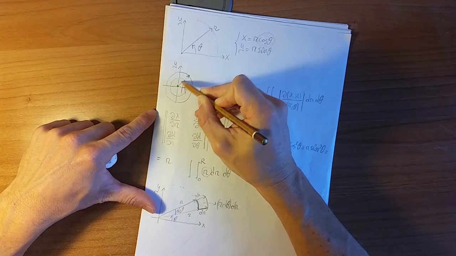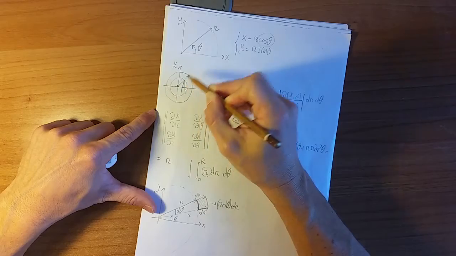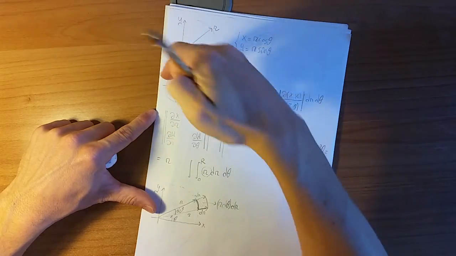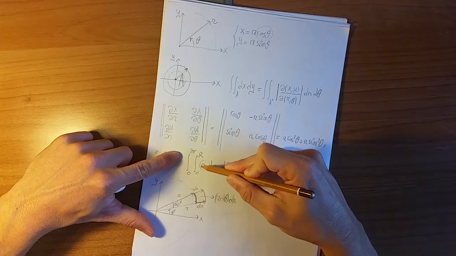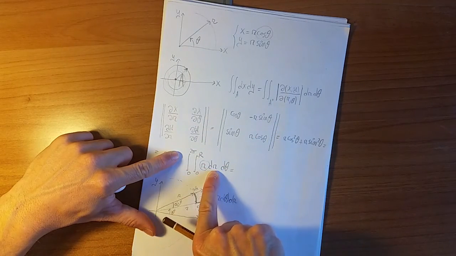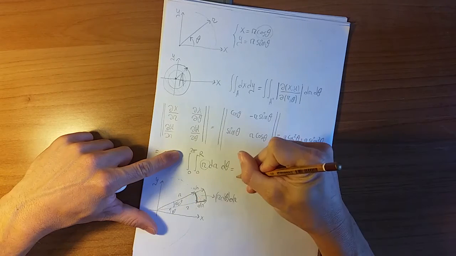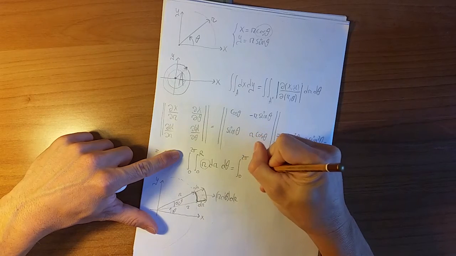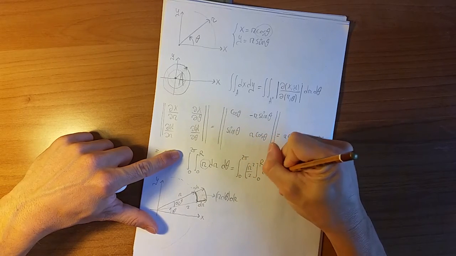So as r moves from 0 to r, theta takes r from 0 to 2 pi so that we can describe the entire circle. So we just integrate from 0 to 2 pi. The first integration gives us r squared over 2, the integration over r, because the derivative of r squared over 2 is 2r divided by 2, which is r. So it's integration 0 to 2 pi, r squared over 2, and we evaluate it between 0 and r, and then integrate over theta.